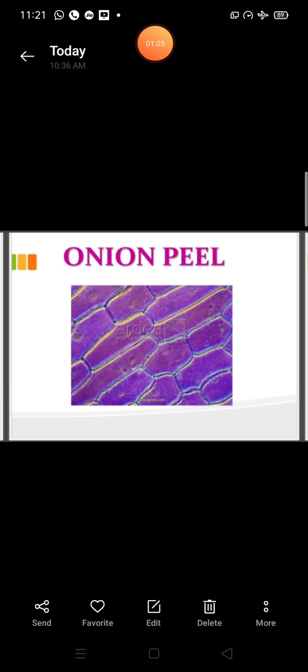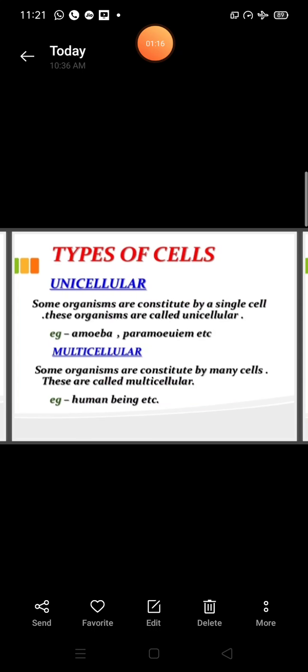When we make a temporary slide of an onion peel and look at it under the compound microscope, it looks like this. We know that the cell is the structural and functional unit of life.